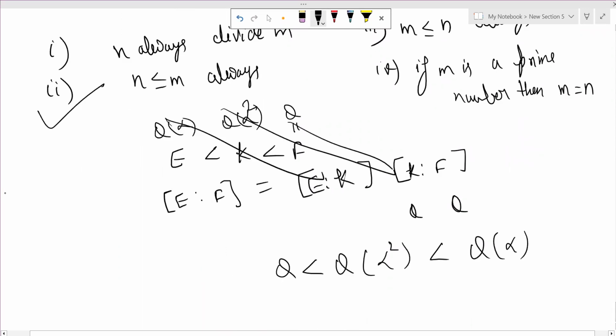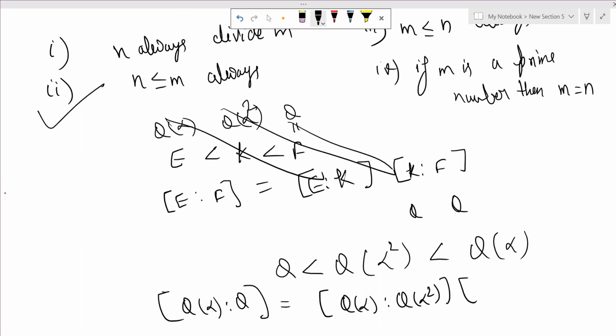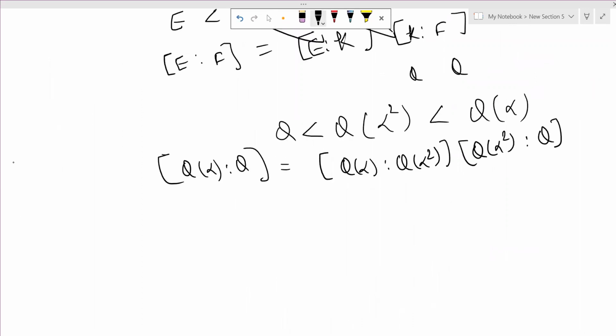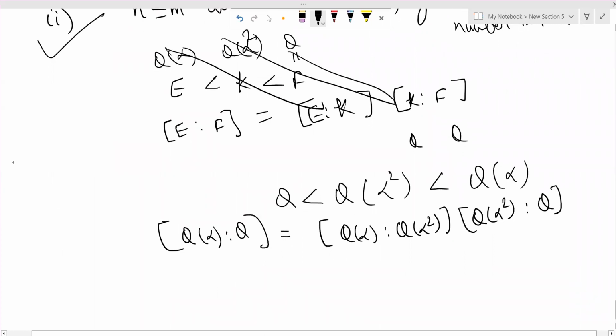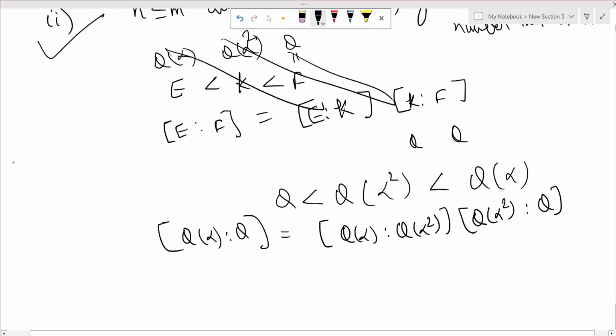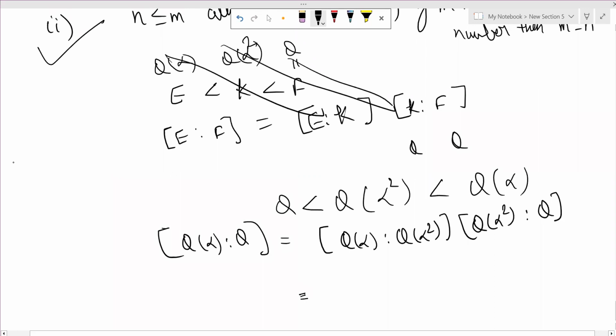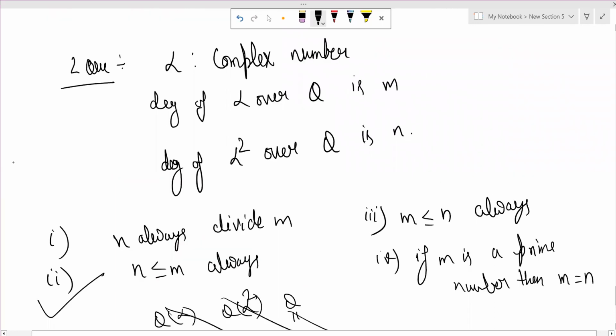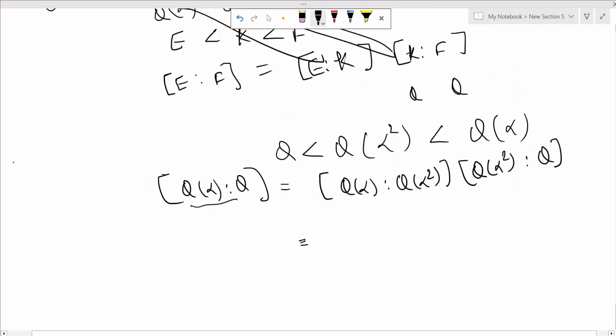So the second one should be true, and for divisibility you can use this formula. The degree of Q(alpha) over Q should equal the degree of Q(alpha) over Q(alpha square) times the degree of Q(alpha square) over Q. What you need to show is what divides the degree of Q(alpha) over Q. This is given as m, the degree of the extension, and this is n.